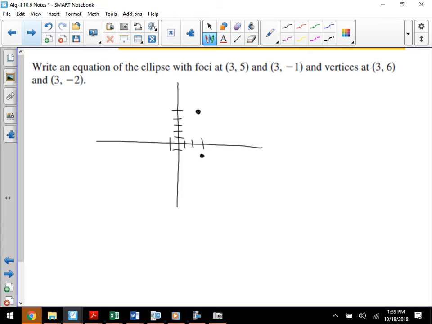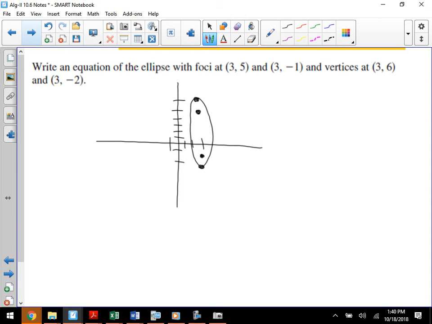When I go to the vertices, we're at (3, 6) and (3, -2). I know for certain that it has to be going vertically. So I look at my calculator for which formula stretches vertically for an ellipse.